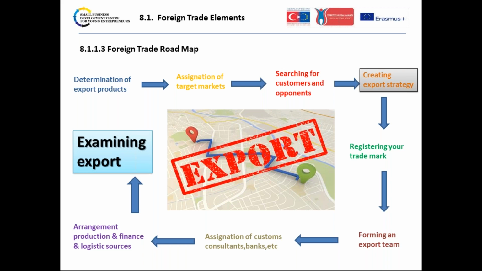And another title is arrangement of production, finance and logistic sources. So after you decide everything and settle everything, you need to produce these products within the limits or aspects of your customers' needs. And also you need to arrange your financial position, and you need to arrange your logistics.